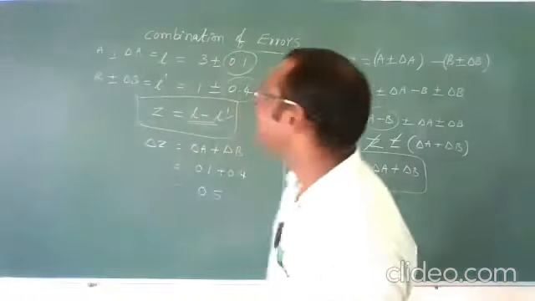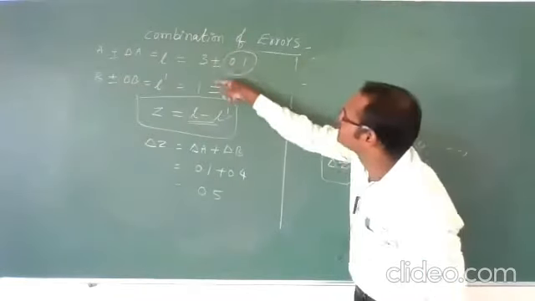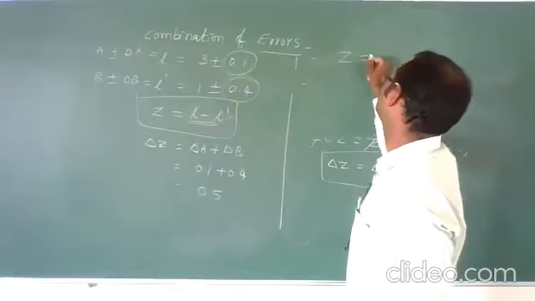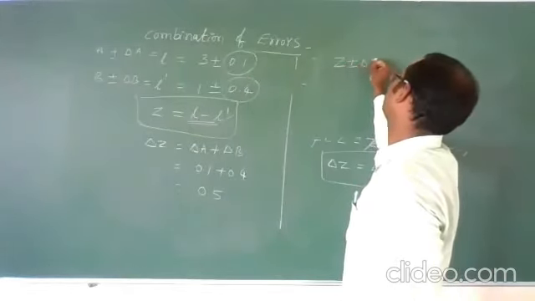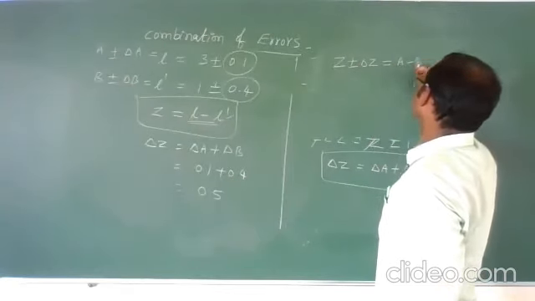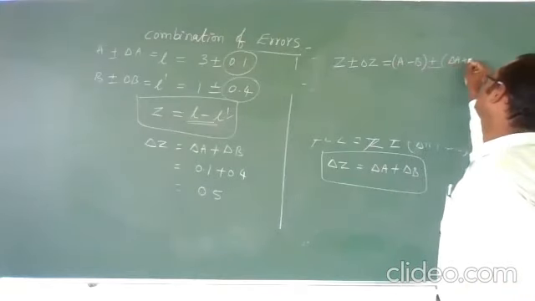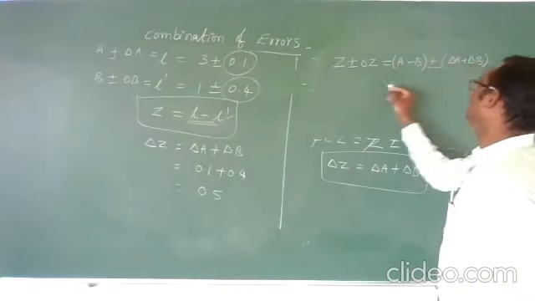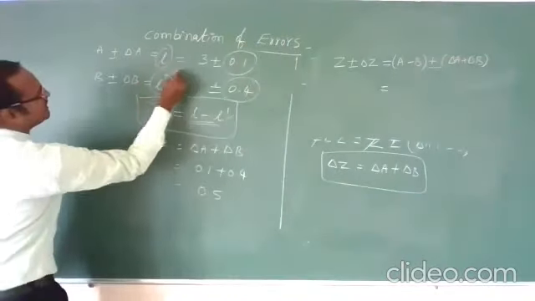If you write your result in this format, you have to write Z equal to Z plus or minus delta Z. You should write it as A minus B plus or minus delta A plus delta B. A minus B means this is A, this is B: 3 minus 1.